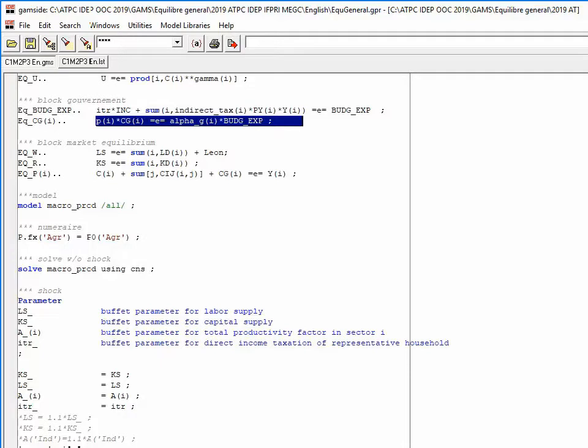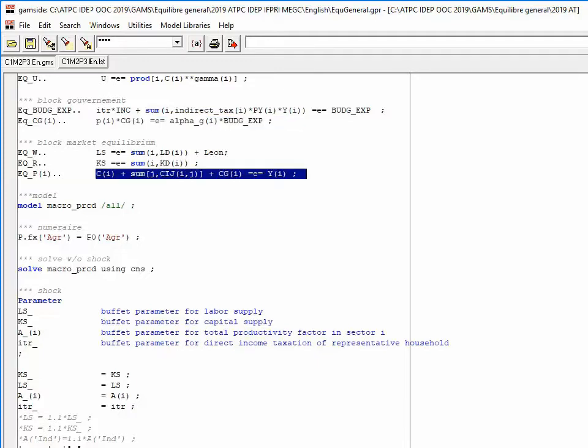Finally, we have a block which is market equilibria. So what is different is the market equilibrium for goods, because we now have one public demand by sector.